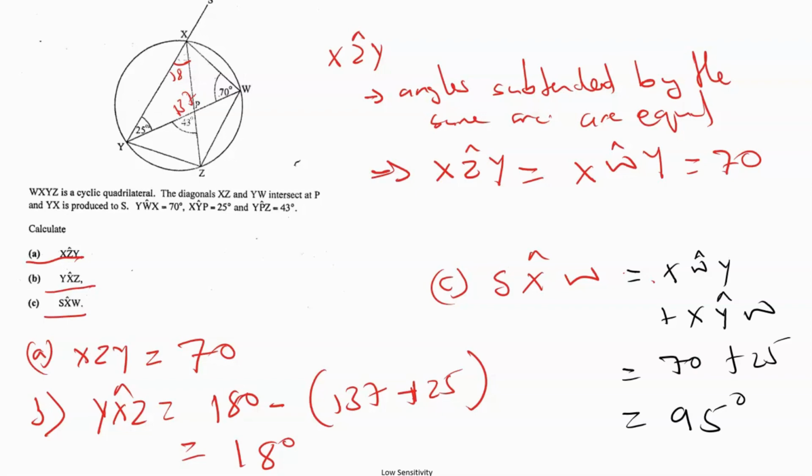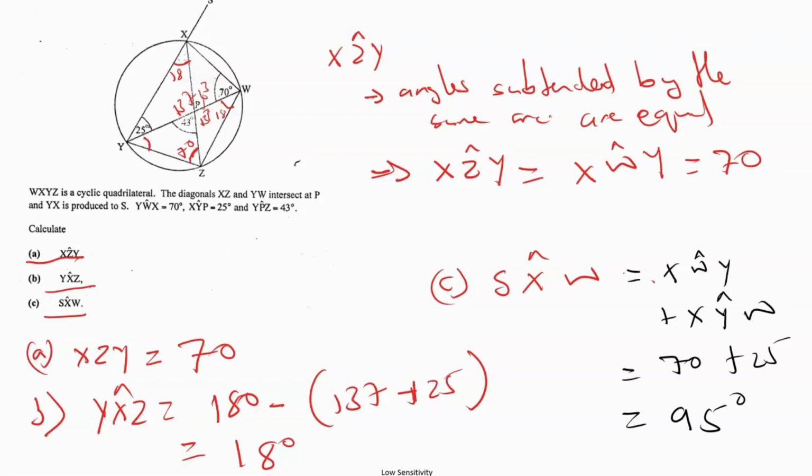Angles subtended by the same arc are the same, so this angle YXZ is the same as YWZ, so this is also 18. This is also 137, this is also 43. This is also subtended by XY, so this is also 70.